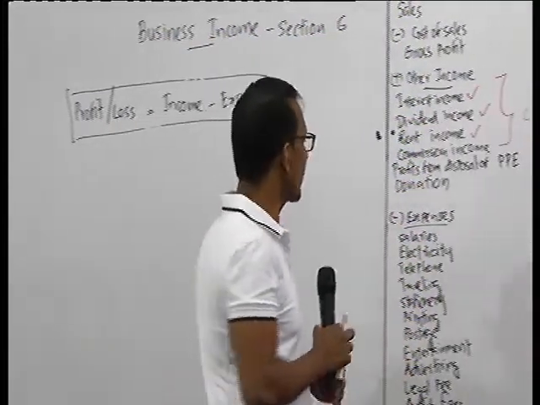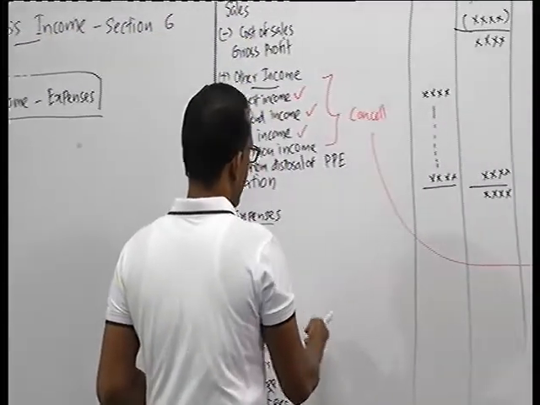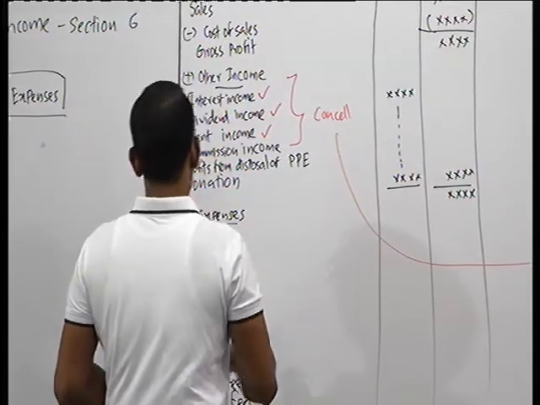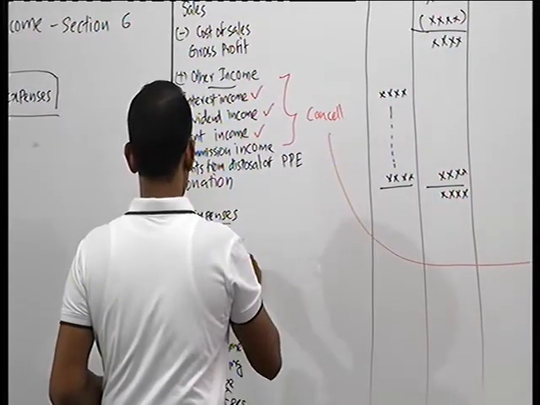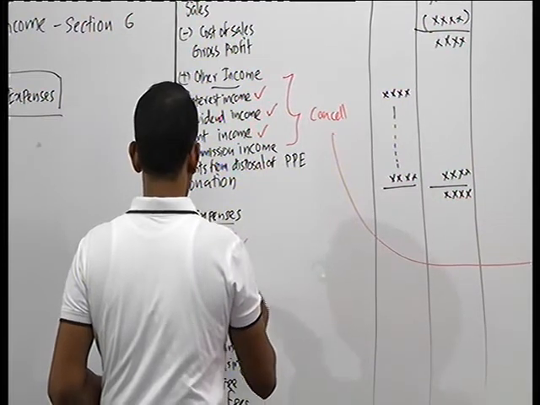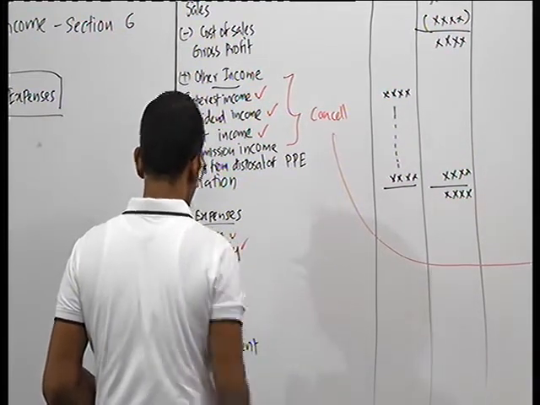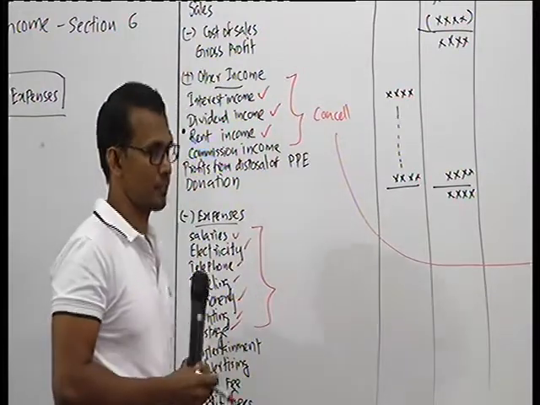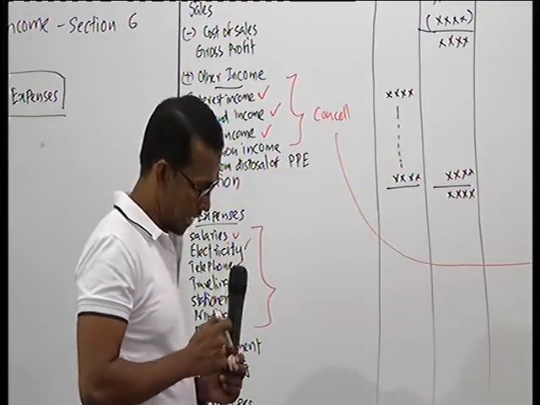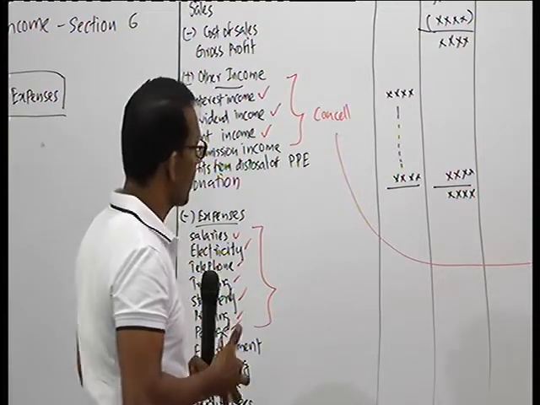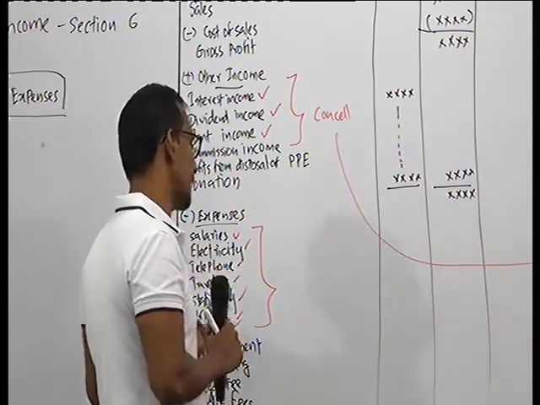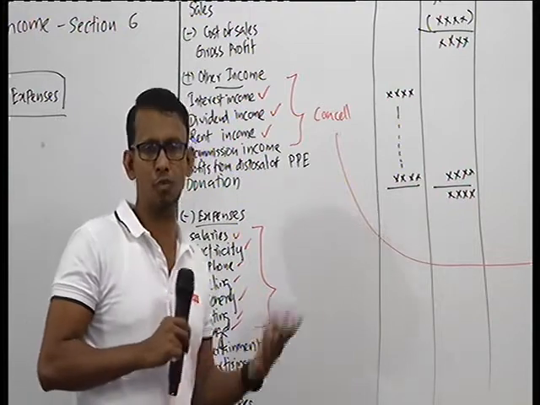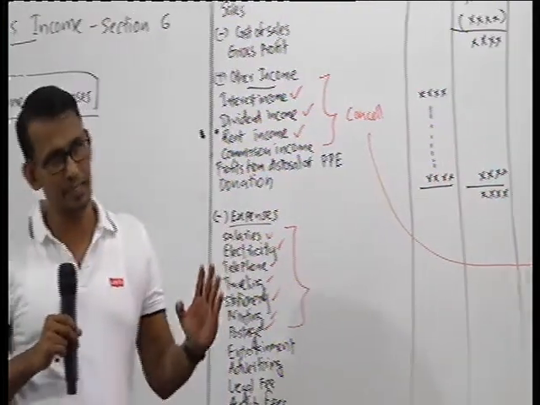Now we have to look at these expenses that have already been deducted for accounting purposes, like salaries, electricity, telephone, traveling, stationery, printing, postage. There is no ambiguity as to whether these expenses are incurred to generate the revenue, which is very clear.